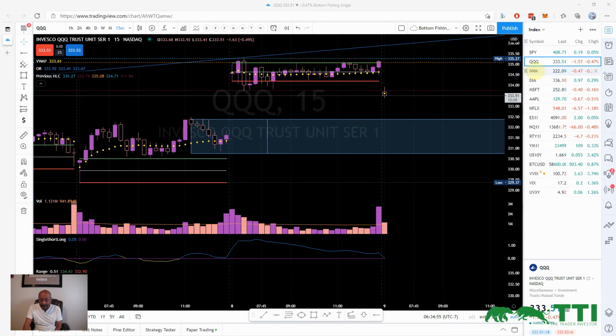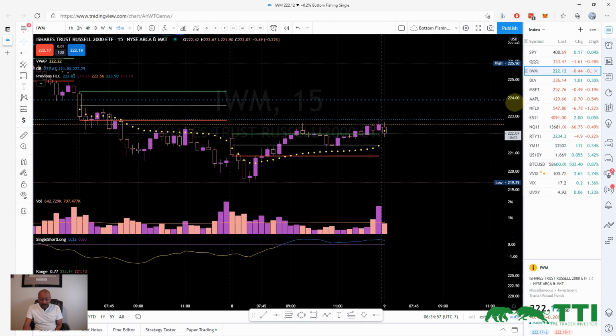And then let's look at IWM. IWM, similar to SPY, has opened right below yesterday's high. So what I am looking for in this particular instance is for price to break it, retest it, and continue its way up, or do whatever it needs to do inside the 15-minute range.